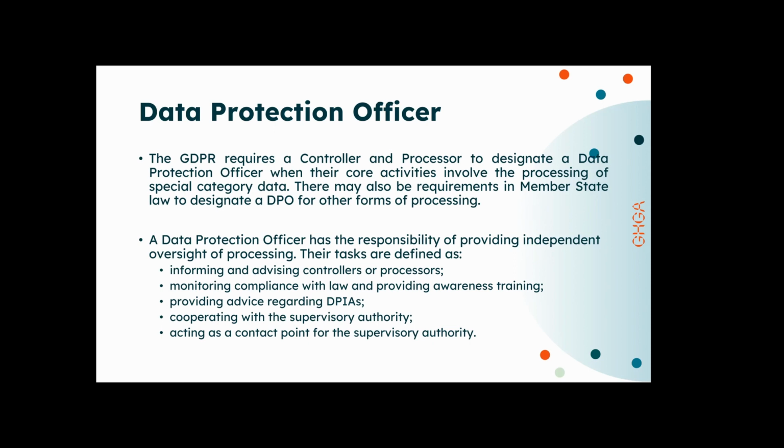Therefore, it's not just about cooperating with the supervisory authority, but the DPO is also the point of contact for the supervisory authority at the institution. So if a supervisory authority wants to investigate what's happening at your institution, they would probably contact your DPO first, and then your DPO would speak to the teams which are doing the data processing.